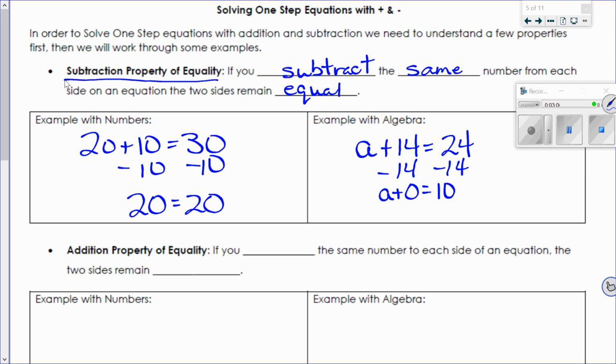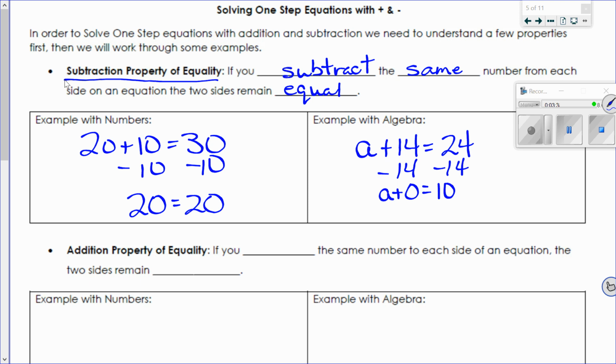Now, previously we've discussed a property of mathematics that says a plus 0 is just a. What property was that? I'll give you a clue: what operation? Addition. The identity property of addition.